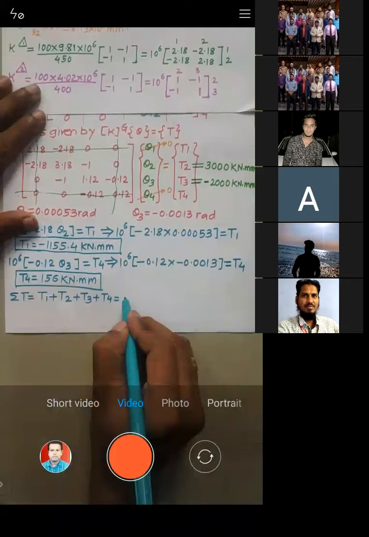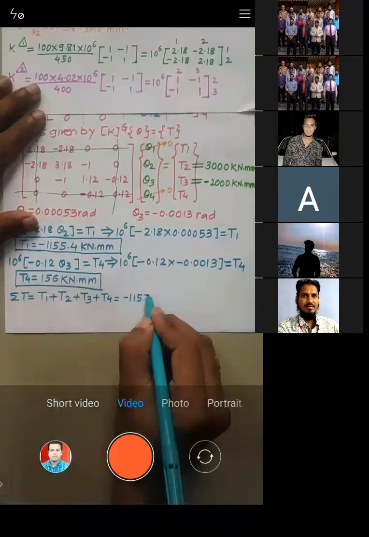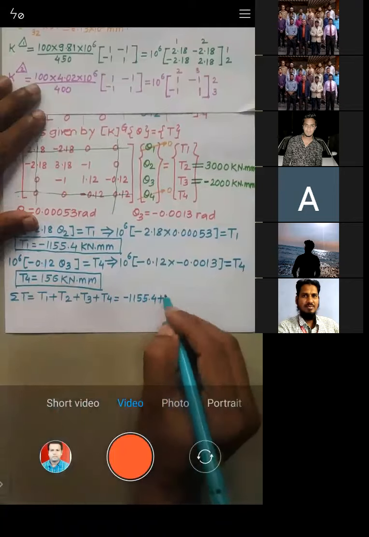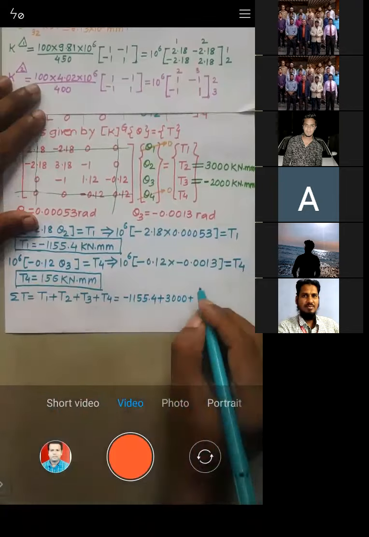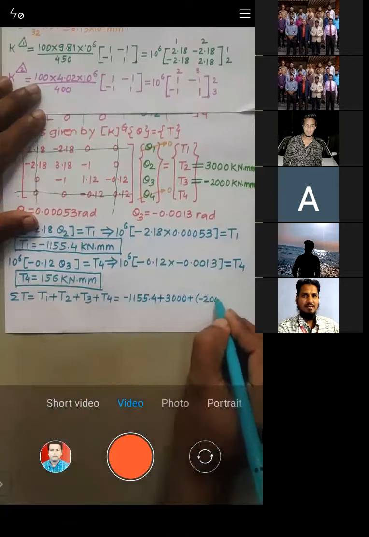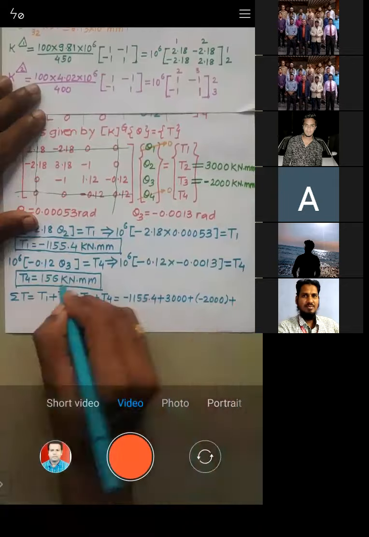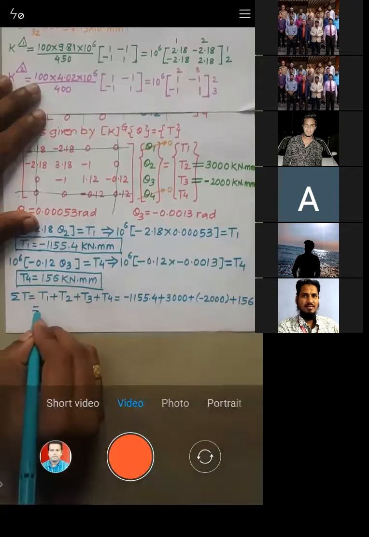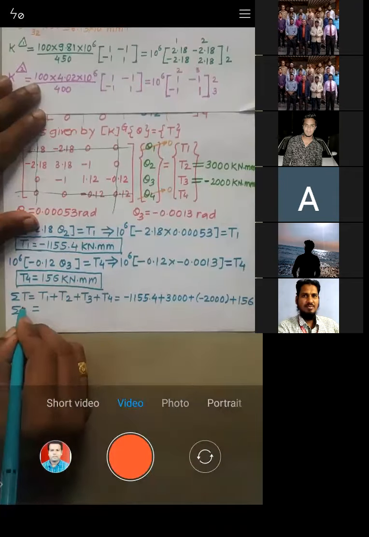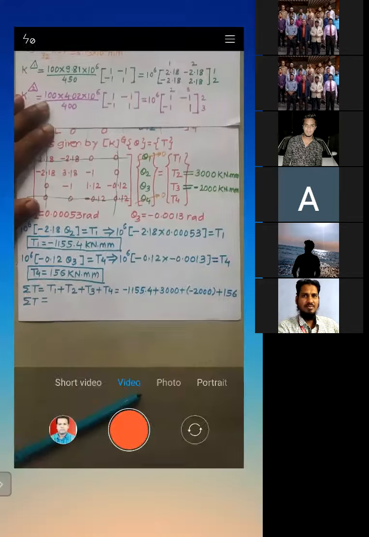T1 we have calculated as minus 1155.4, plus T2, it's 3000, plus T3, it's minus 2000, plus T4, it's 156. Just calculate it and see how much we're getting for the summation of torque.